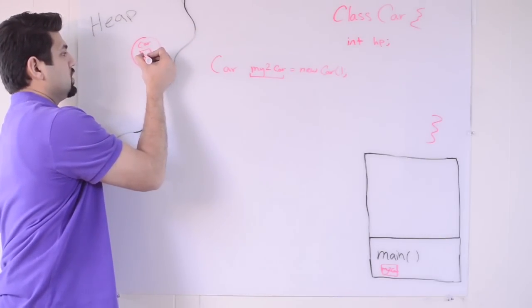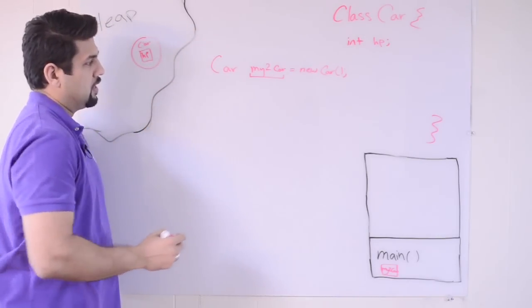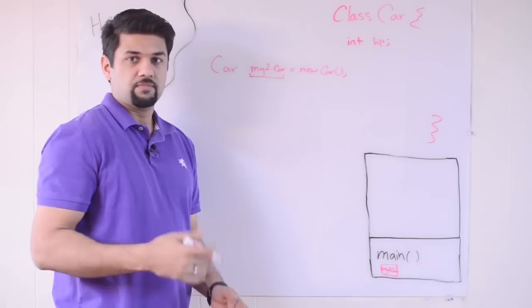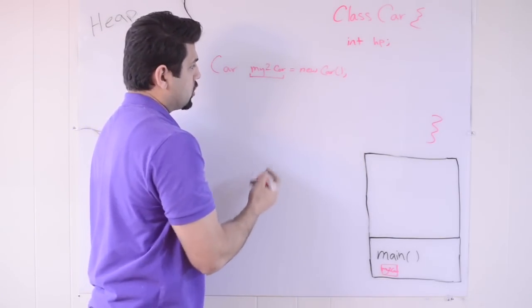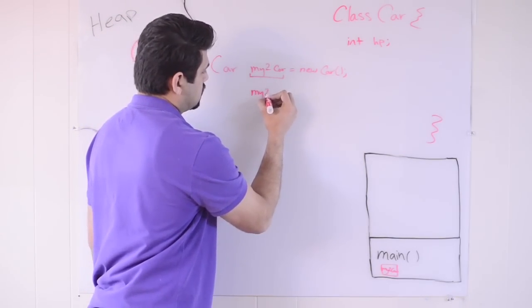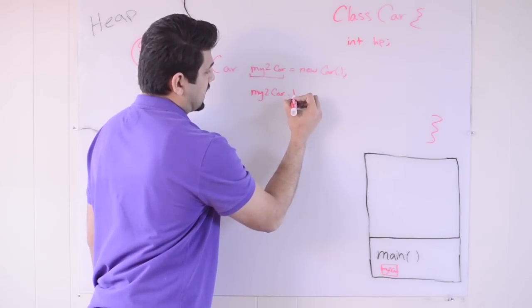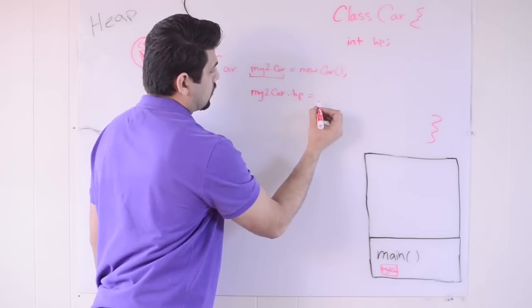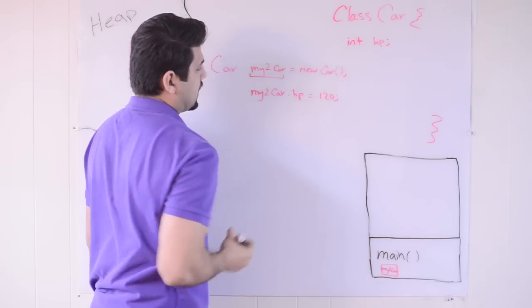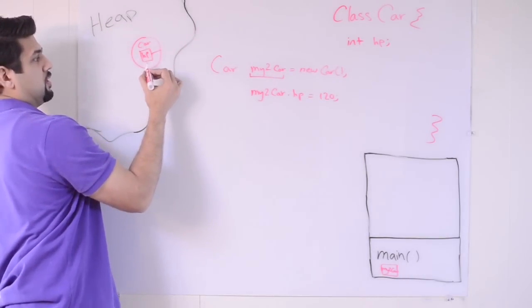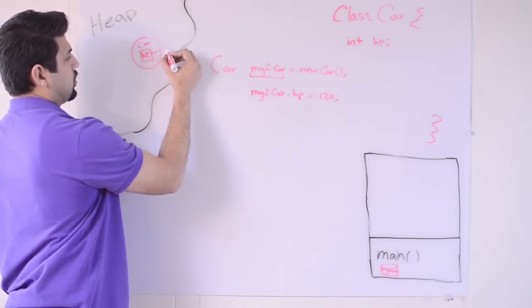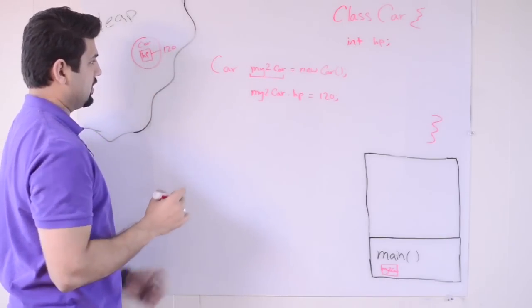So I'm going to put this in HP, and let's give my2car some horsepower. We can do my2car dot HP is equal to, let's give it 120, and this variable is going to get the data 120.